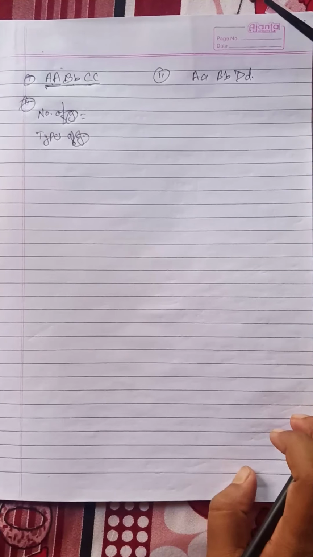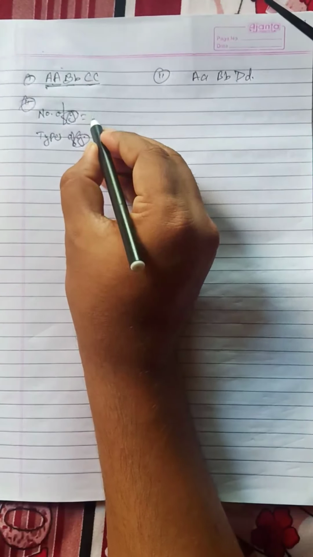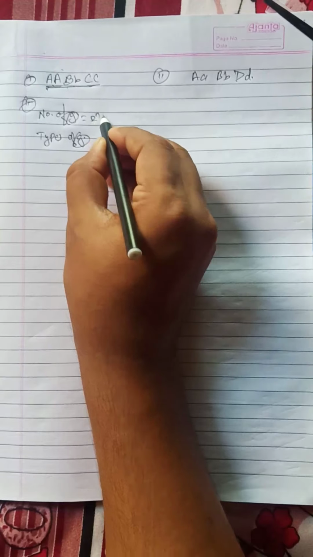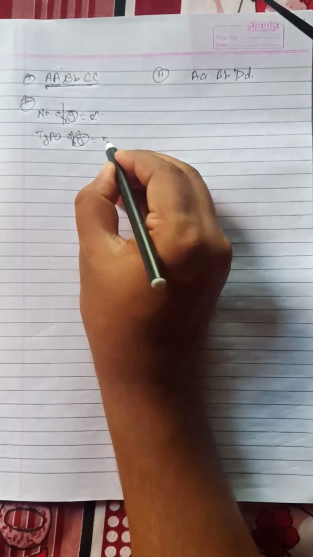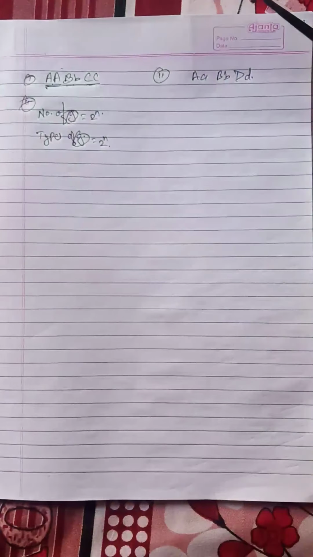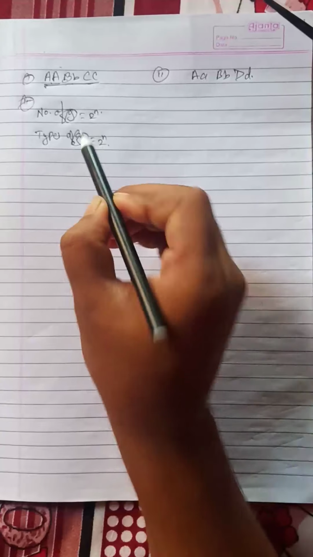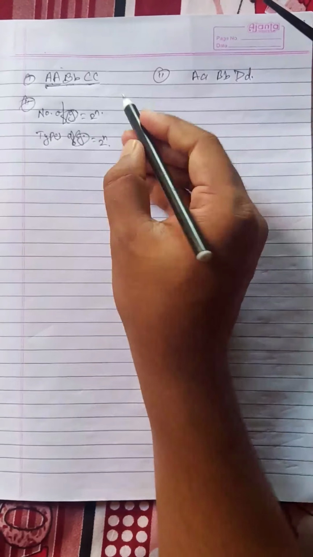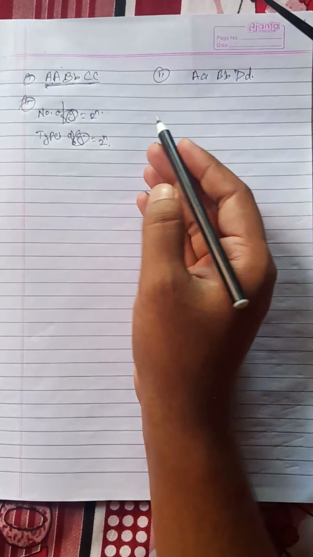Now I am giving the simple formula related to this. If you don't have an idea how to solve it, this is the formula. Don't be confused here. The number of gametes, that means how many gametes.